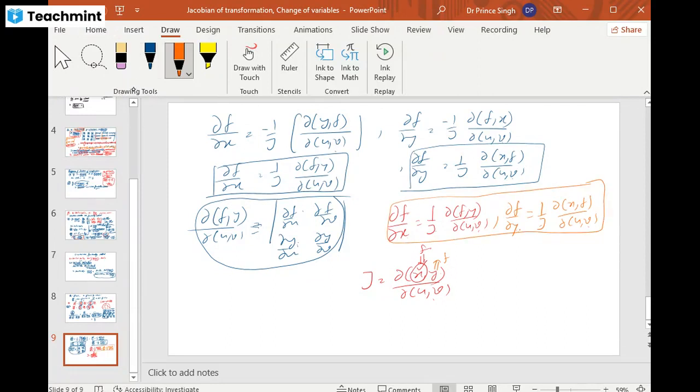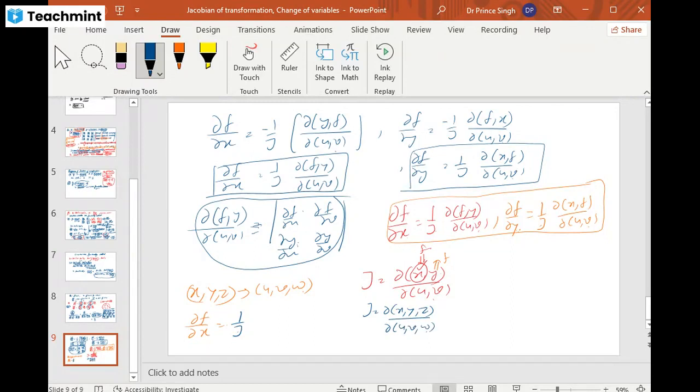For example, suppose that we have a relation of x, y, z with u, v, w, but you need to find out ∂f/∂x in terms of u, v, and w. So what should be the formula? This is 1 upon J. So what is J in this case? The Jacobian of x, y, z with respect to u, v, w. So what are we going to do?